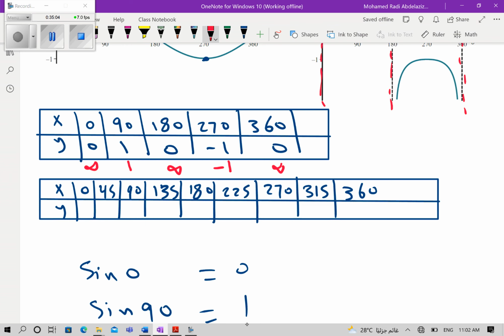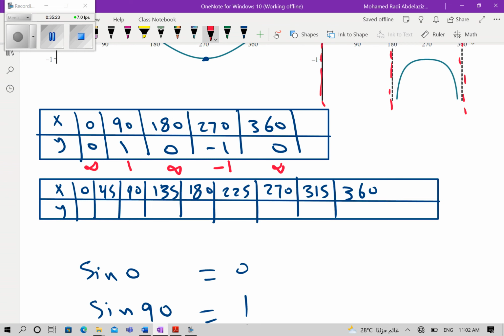Please give me the values of this table: 0, 45, 90, to one decimal place. If you use 1 over sine directly, you will get the complete table.